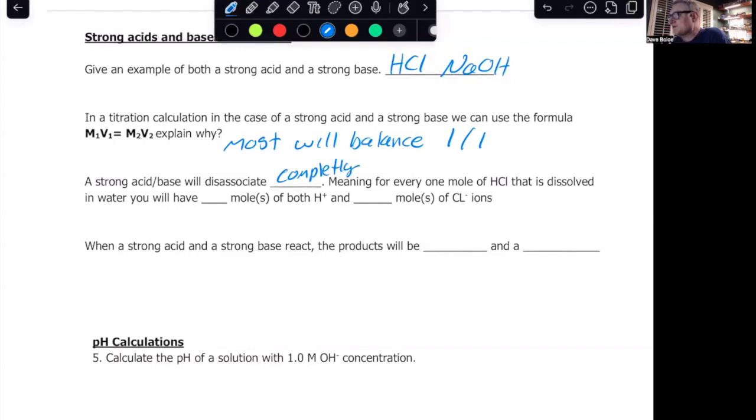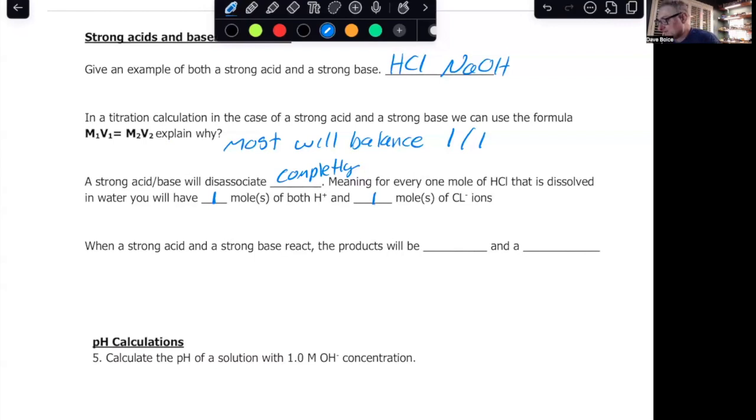This is what makes them strong acids and strong bases. What that means is for every 1 mole of HCl, which is a strong acid dissolved in water, I will have 1 mole of H+ and 1 mole of Cl- ions.